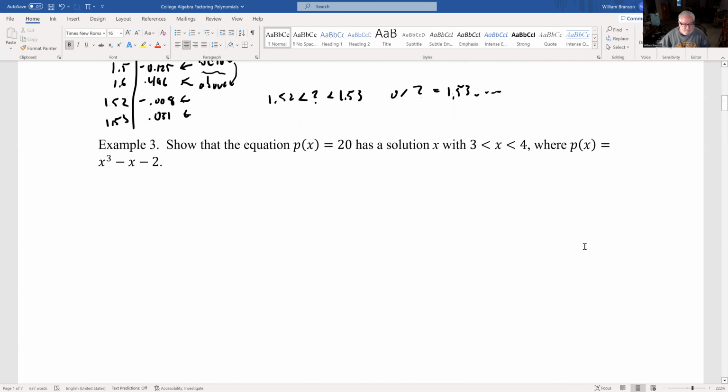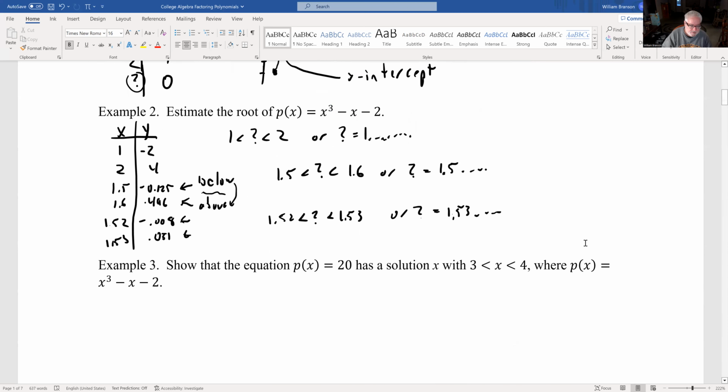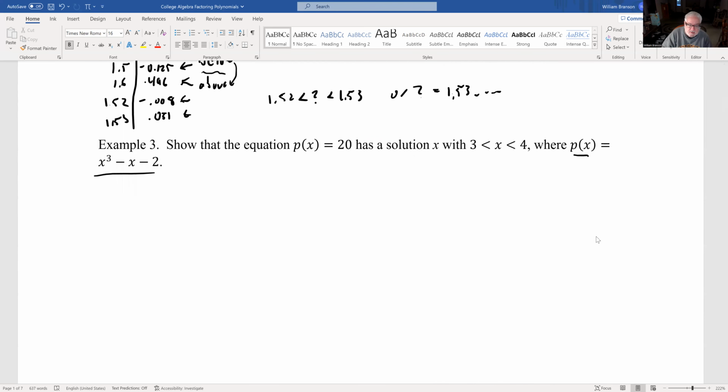So suppose we have p of x equals 20, and we want to find that solution. And here we're still using the same function, p of x equals x cubed minus x minus 2. So x, y, we want to know, is there a solution somewhere in there? So 3 and 4, if we plug in x equals 3, you get 22.